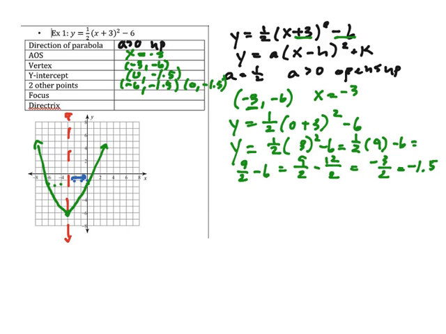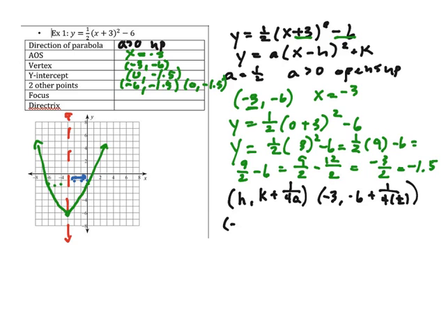Now let's go ahead and find the focus. The equation for the focus is a point, guys. The focus is (h, k plus 1/4a), h being our x value. When we substitute numbers in, we're going to get -3, and k is -6 plus 1/4 times 1/2.